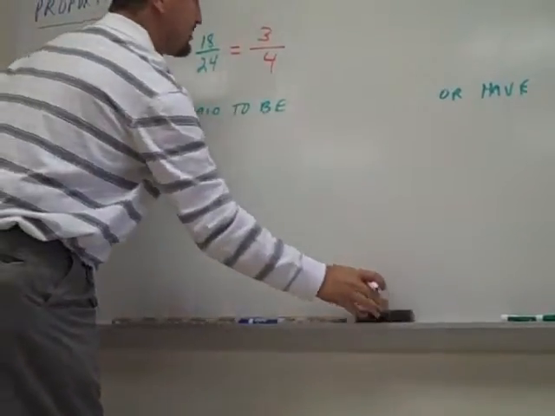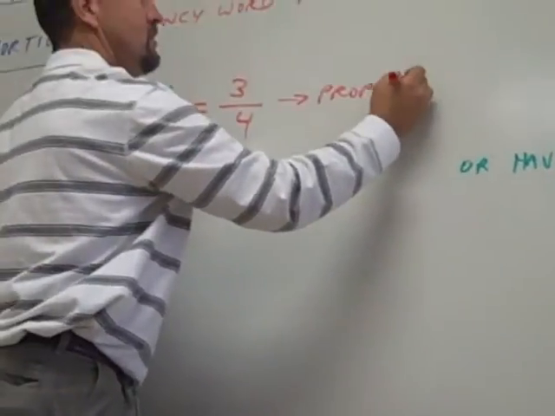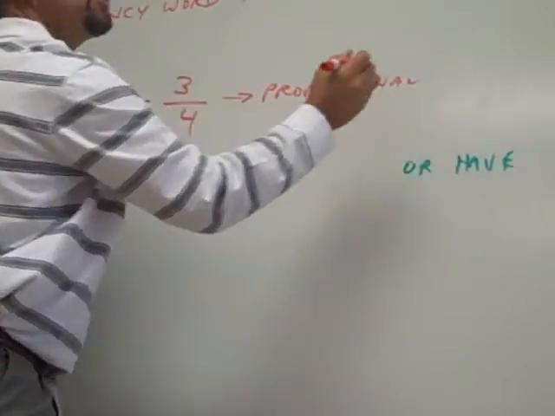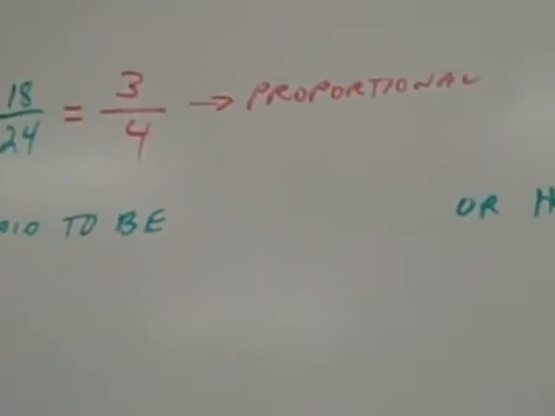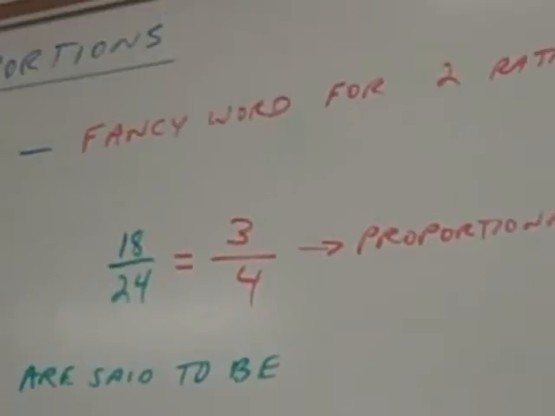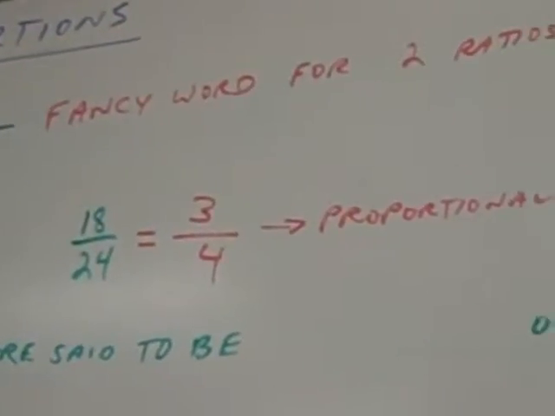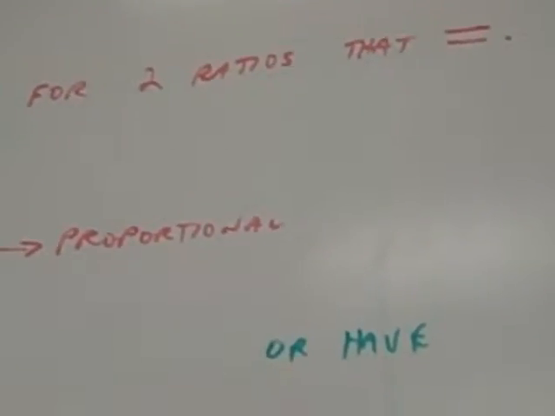These two fractions are said to be proportional, or they are a proportion. They are a proportion, the noun proportion. They are said to be proportional, which is a verb.